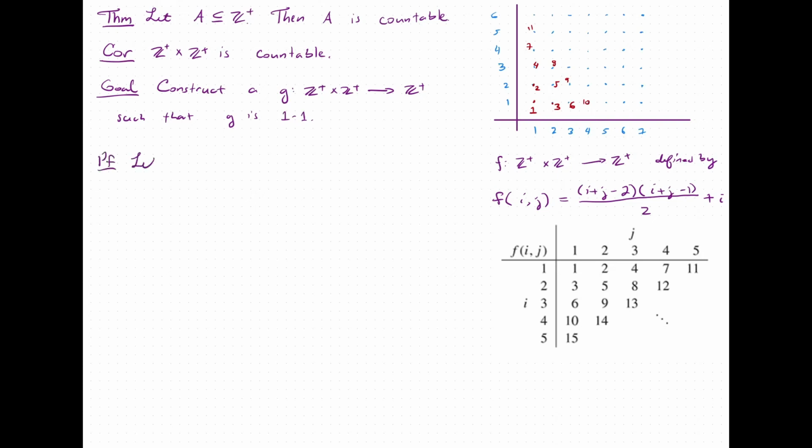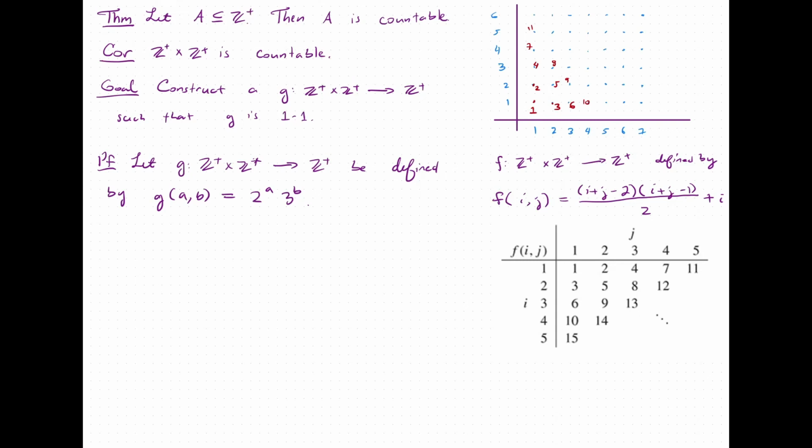So let g be from the positive integers Cartesian product positive integers to itself, to the positive integers, be defined by g of the ordered pair a comma b maps to 2 to the a power times 3 to the b-th power.